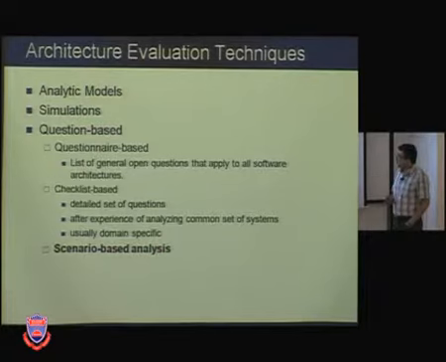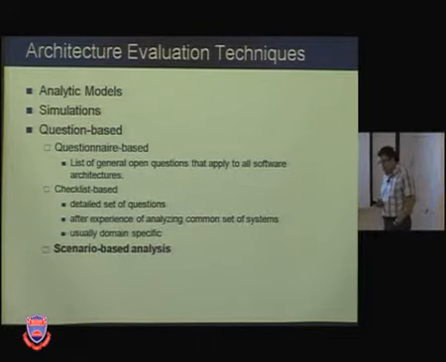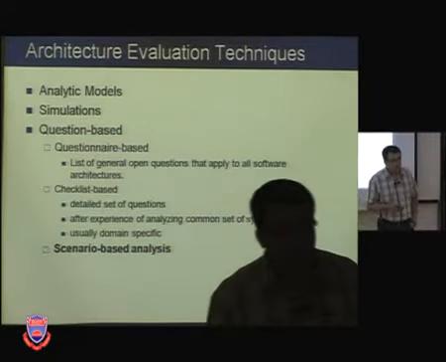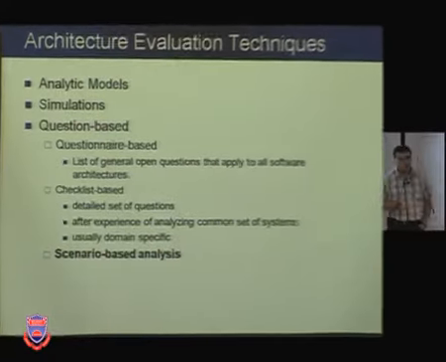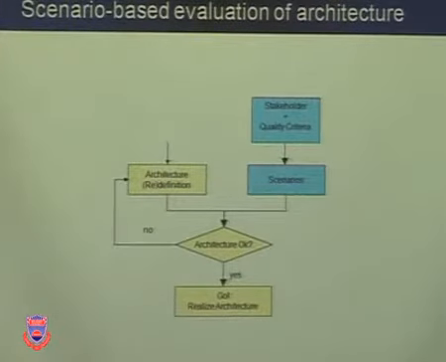We said there are several architectural evaluation techniques, among which scenario-based analysis is a practical and very often used, easy approach. This is the method in general. So we have stakeholder criteria. We derive the criteria from the stakeholders. The quality criteria relate to the stakeholder concerns. A scenario-based evaluation approach means that we need to define scenarios.